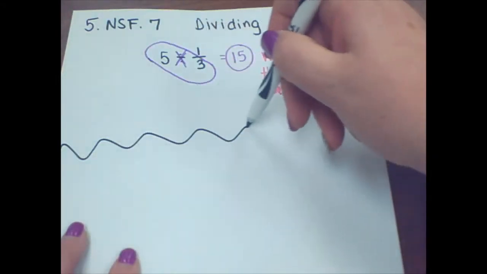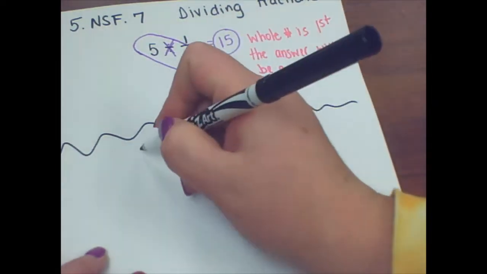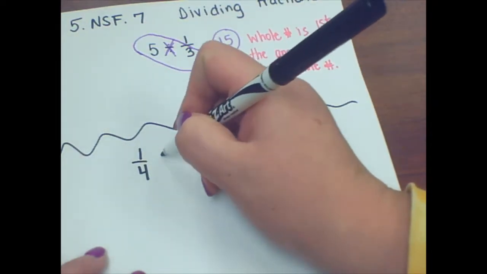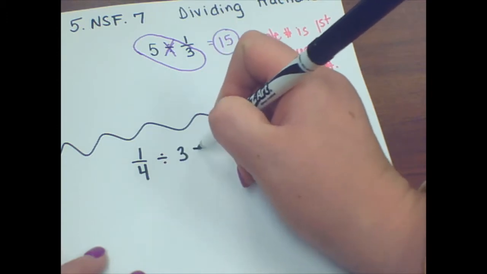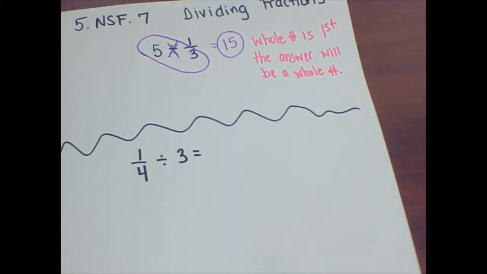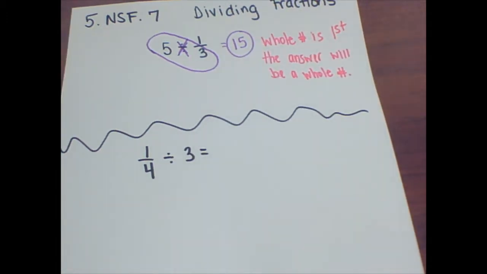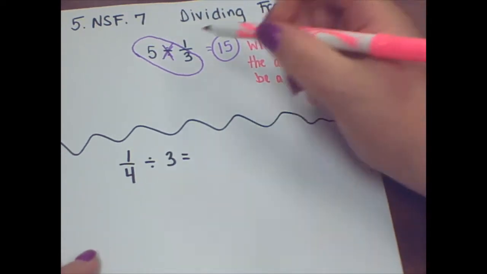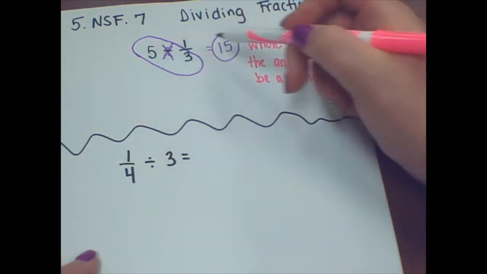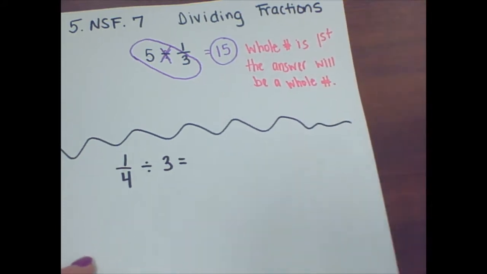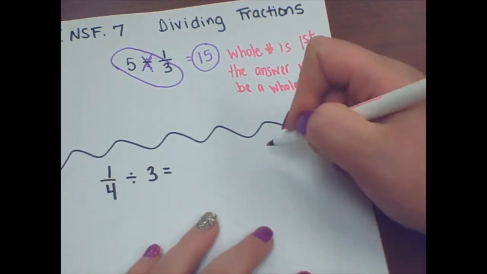Now I want you to look at it from the other side. Let's say this time I start with a fraction. And I do 1/4 divided by 3. So remember, up top, if it started with a whole number, your answer was going to be a whole number. Here's what I want you to remember down here.